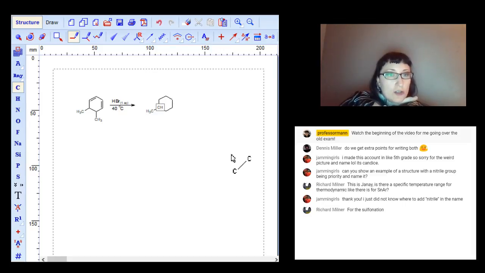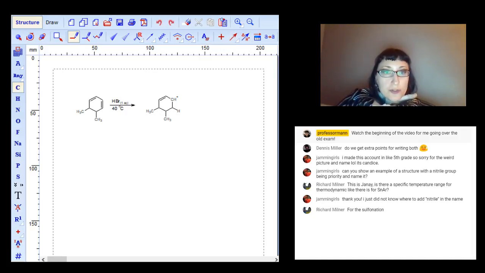So that doesn't change the placement of my methyl groups, but what it would do is put the hydrogen right there, or you could have put it at that spot, leaving a carbocation right there, and then a double bond there. So that would be the intermediate, but then you would get a shift in resonance structures.